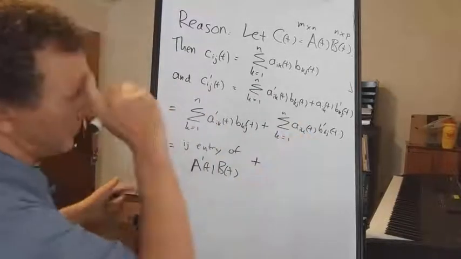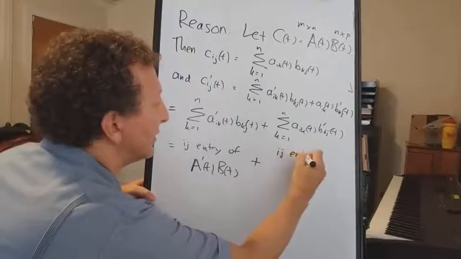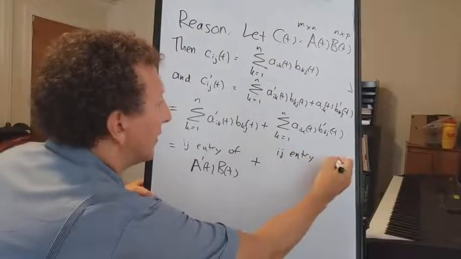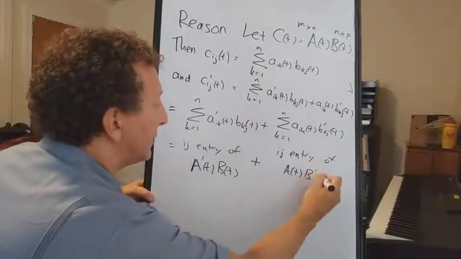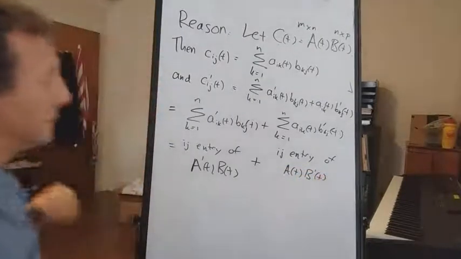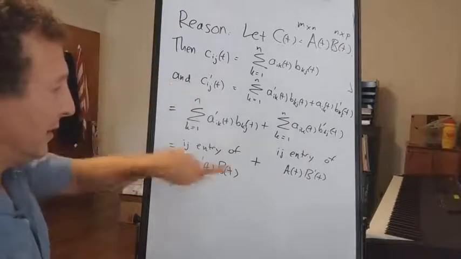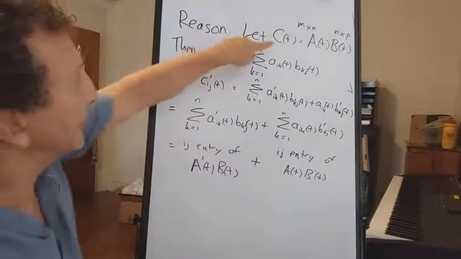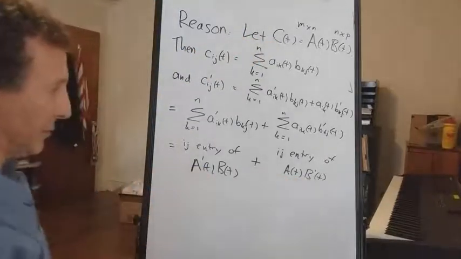And then this sum, for the same reason, we recognize as the ij entry of A of t, B prime of t. So if every ij entry of C has this form, the matrix C is equal to this sum of products of matrices.